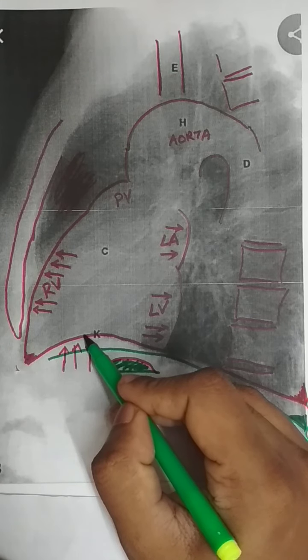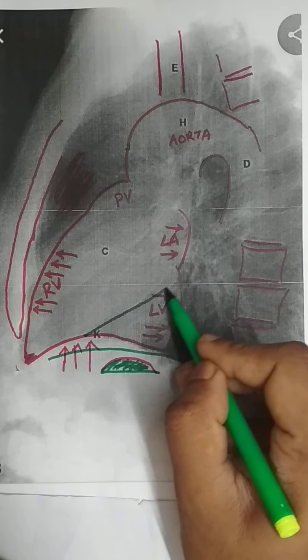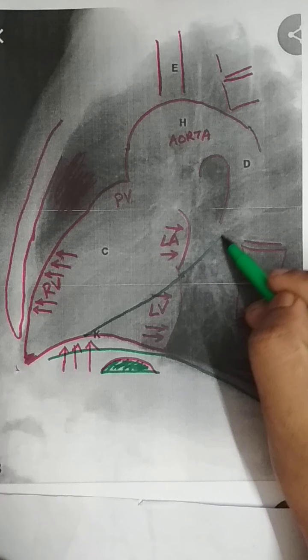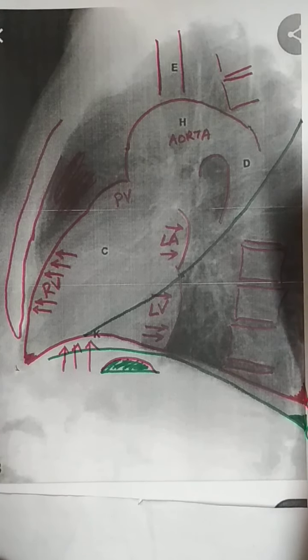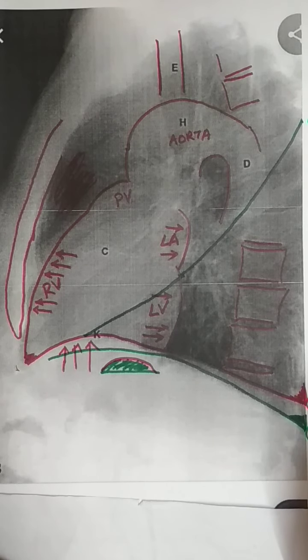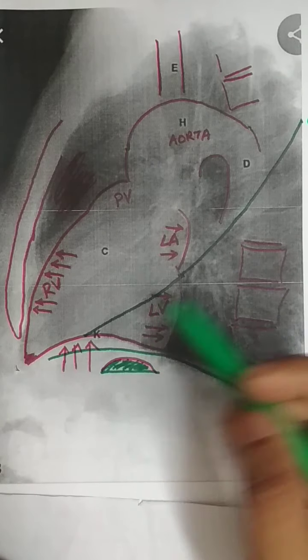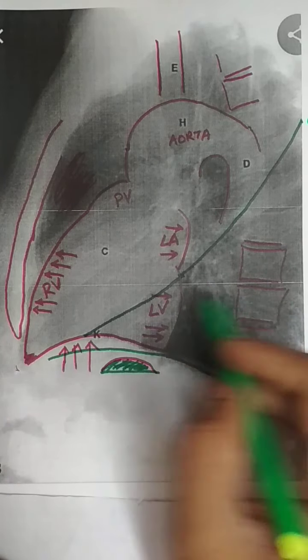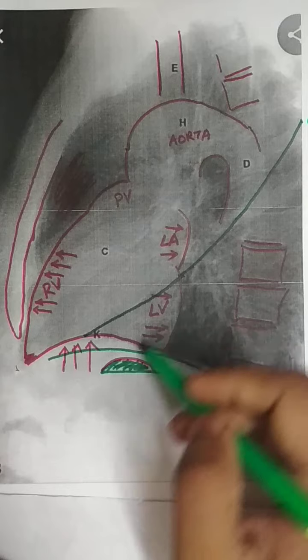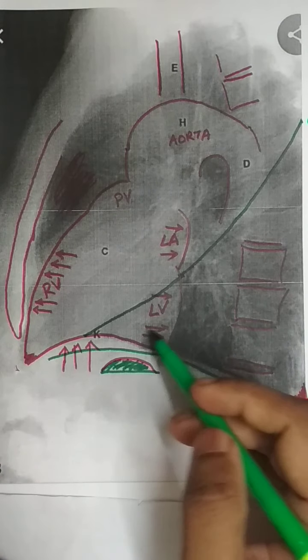It would extend upwards, something like this. By drawing the oblique fissure, you can clearly divide the lung, and this section is the lower lobe. As you can see, the lower lobe is extending upwards.